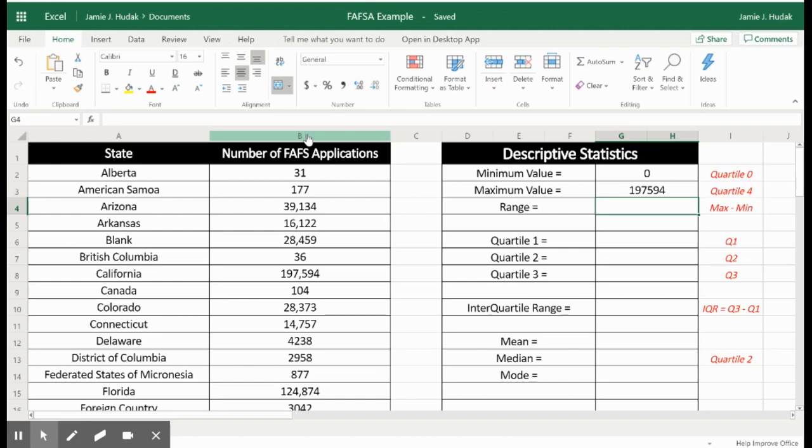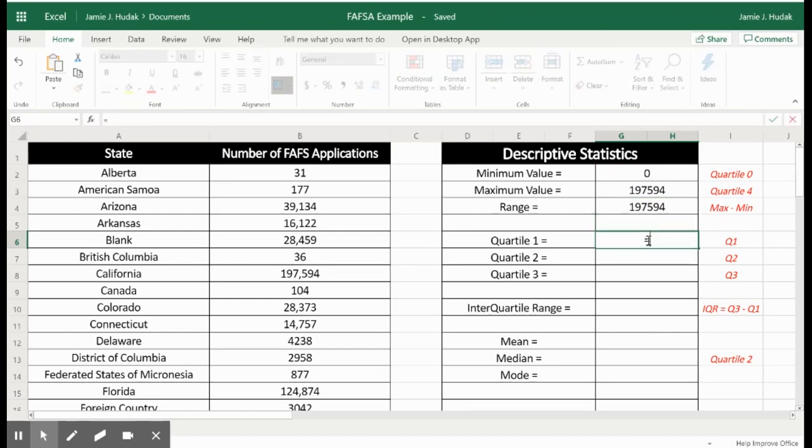The range is equal to the maximum minus the minimum, and we see that the range is equal to the maximum value in this case. Quartile 1 equals quartile, parenthesis, the column with our data, comma 1, close the parenthesis, and that means that 25% of our states had less than or equal to 380 FAFSA applications.